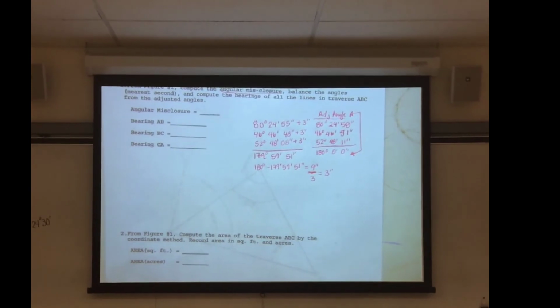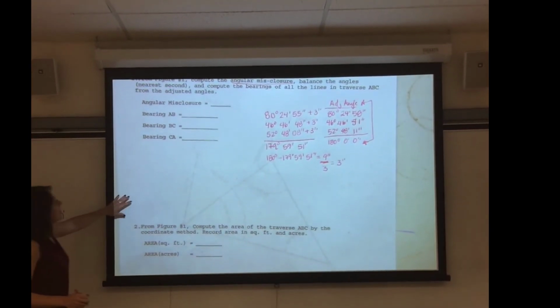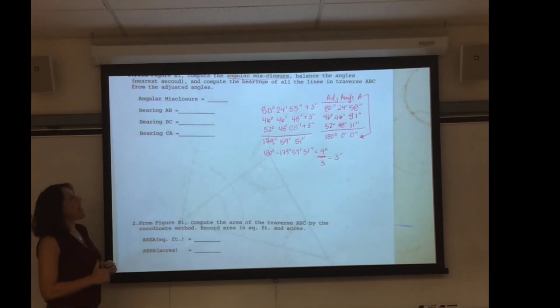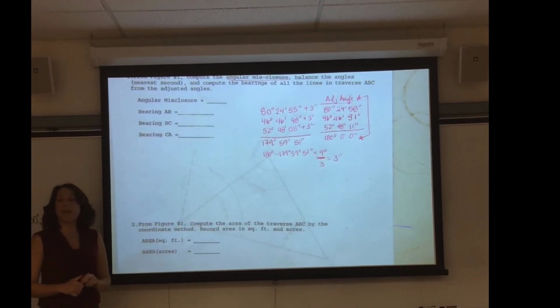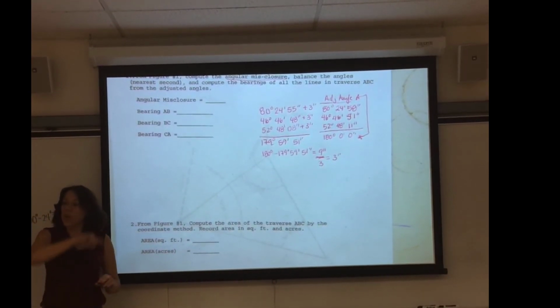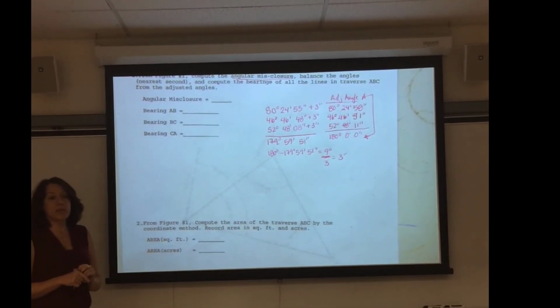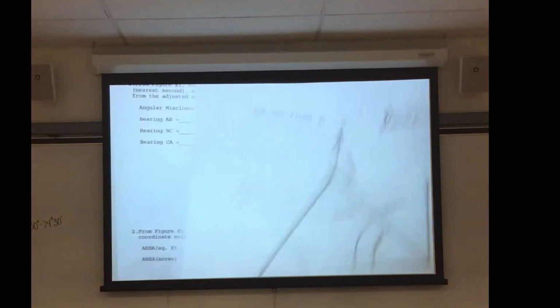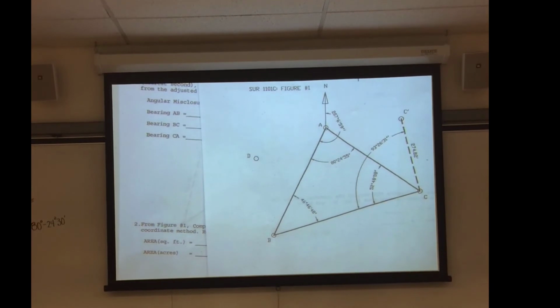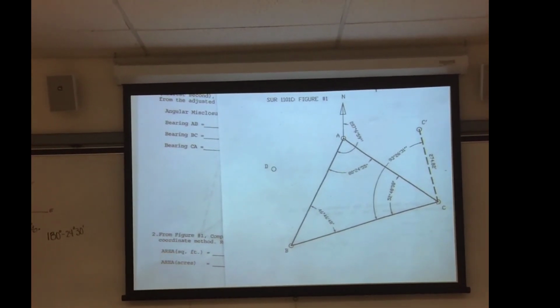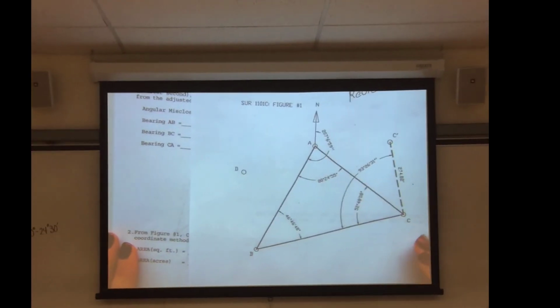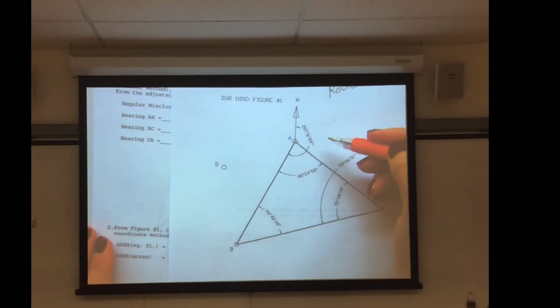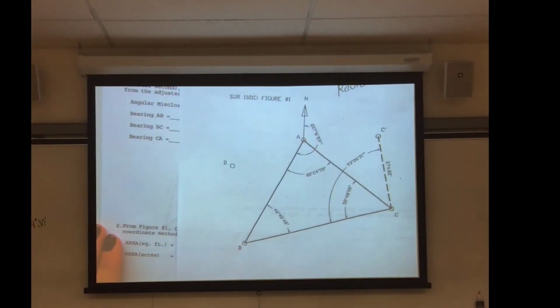Right? Now, the second part, it says calculate the bearings. For me to be able to calculate the bearings, I'm going to have to figure out my azimuths, then convert. All right. Remember what I said. Our initial azimuth on this is 207 degrees, 6 minutes, 59 seconds, right?